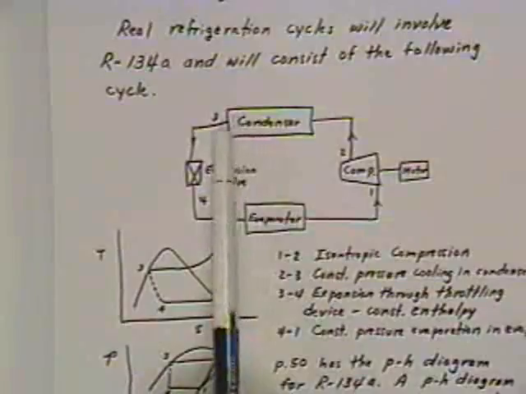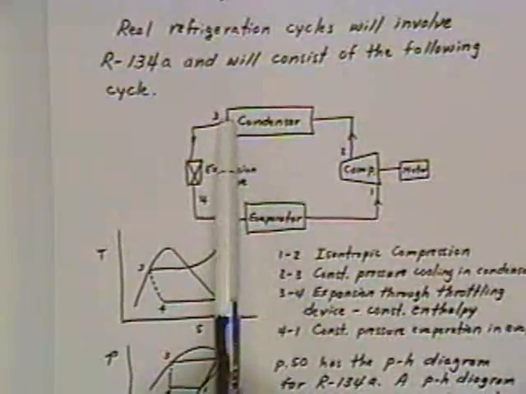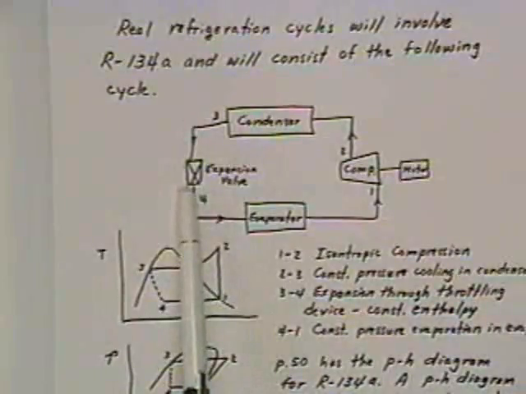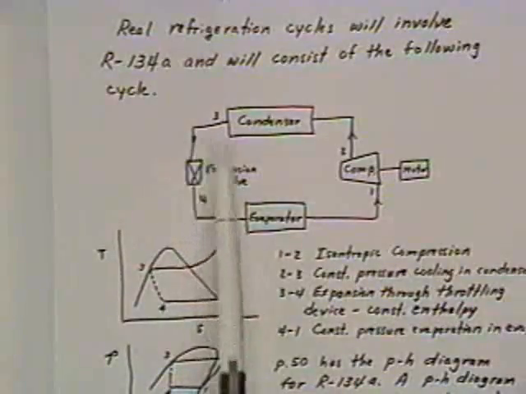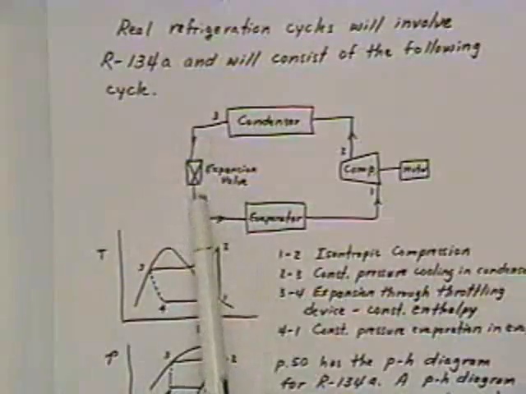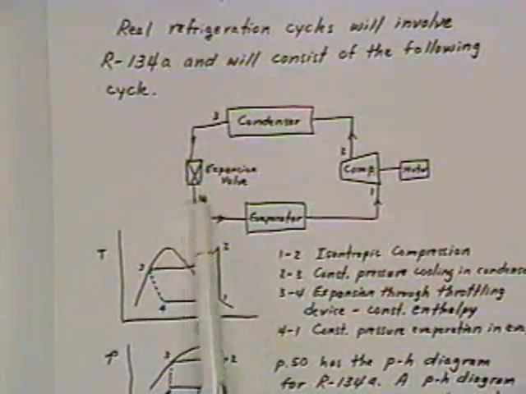However, for our simple refrigeration cycle, we're going to assume it leaves the condenser at saturated liquid conditions. Then it enters some sort of expansion valve. The expansion valve could be a capillary device, it could be a short tube orifice, it could be a longer tube orifice, but typically it's a device that expands the refrigerant from a high pressure liquid condition down to a low pressure mixture of refrigerant and vapor.